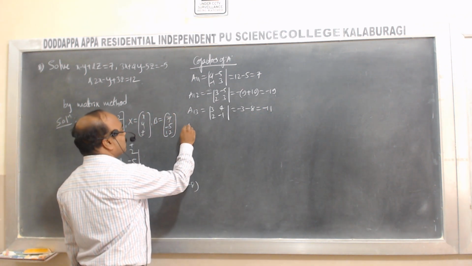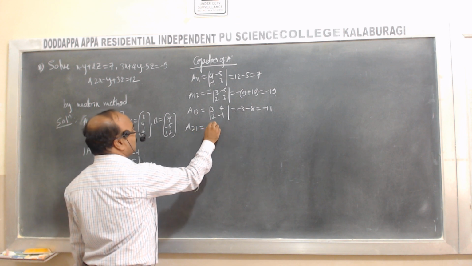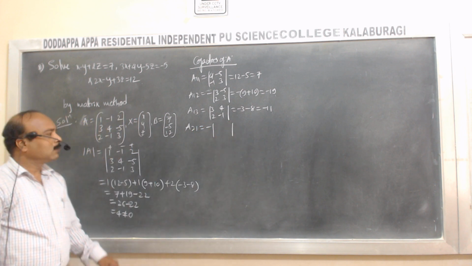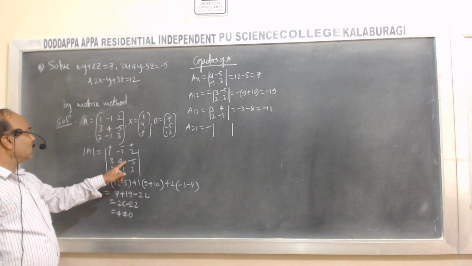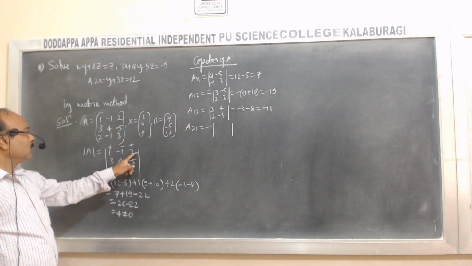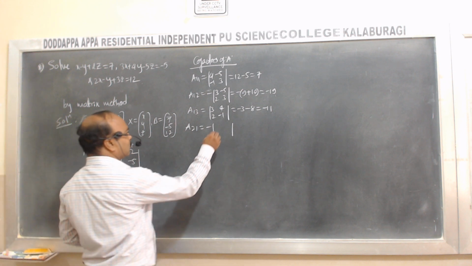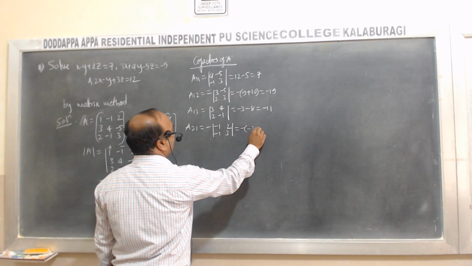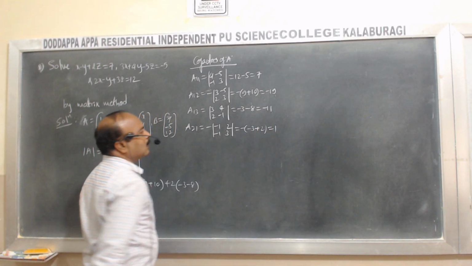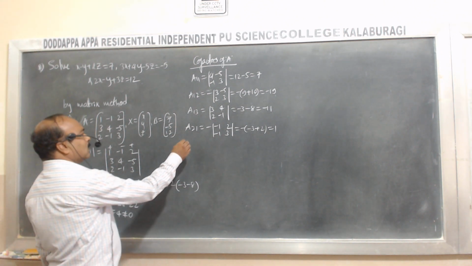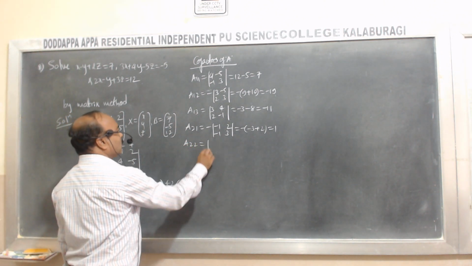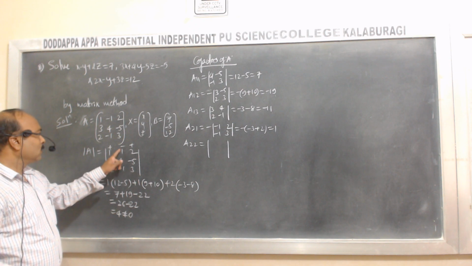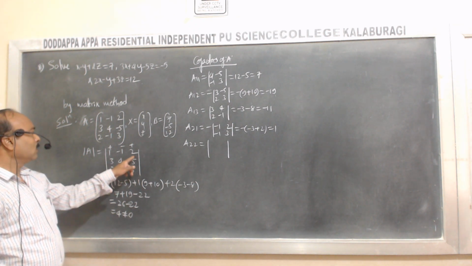Next A21, it is minus of the determinant, deleting this row and this column, we get minus 1 2, minus 1 3. So it is minus of minus 3 plus 2, it is 1. Next A22, deleting this row and this column, we get 1 2, 2 3.